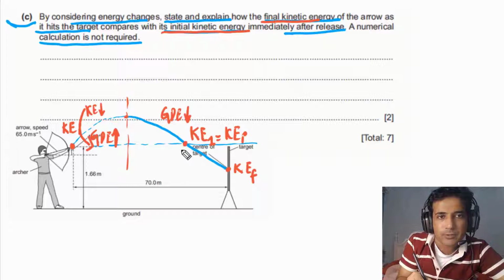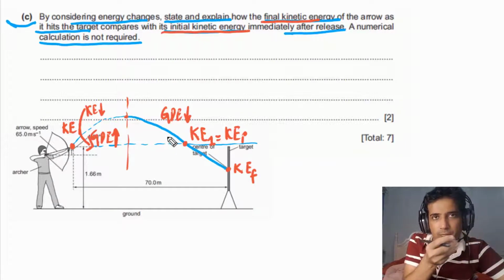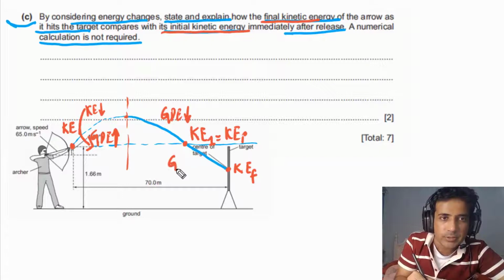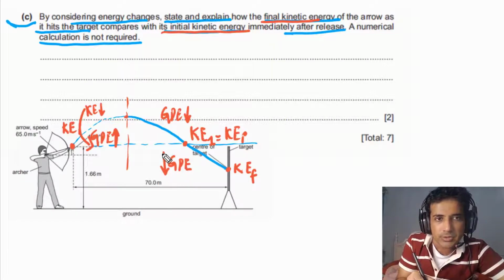But after this one, you see the arrow is still falling, means the arrow is moving downwards. So as the arrow is moving downwards, the gravitational potential energy of this arrow will decrease. As this energy is decreasing, it means this energy will be converted into kinetic energy. So in this region simply we can draw an arrow here.